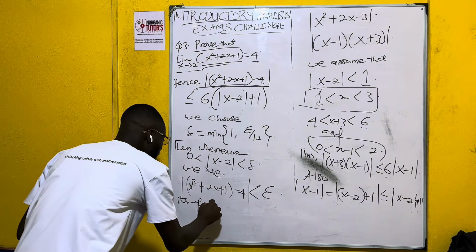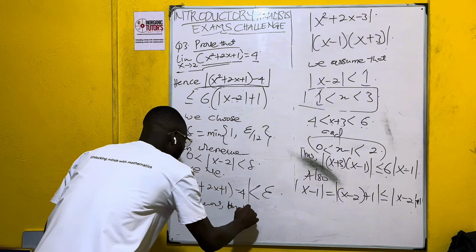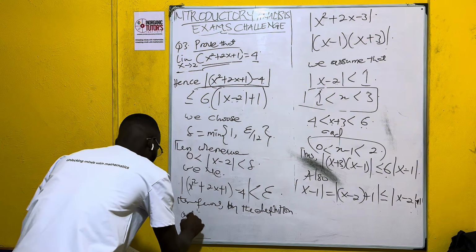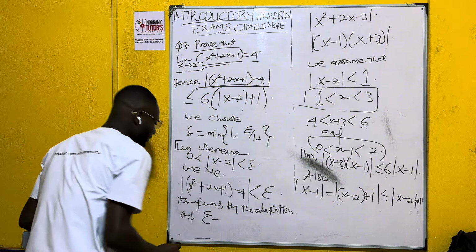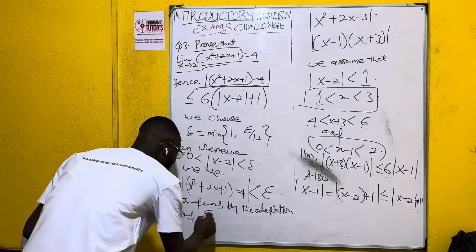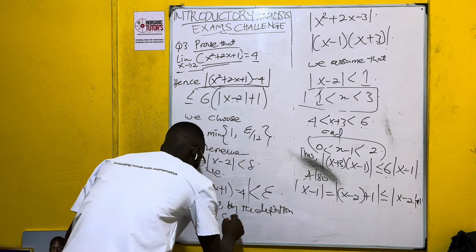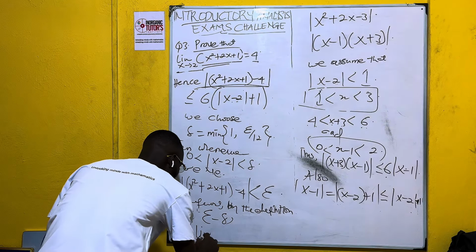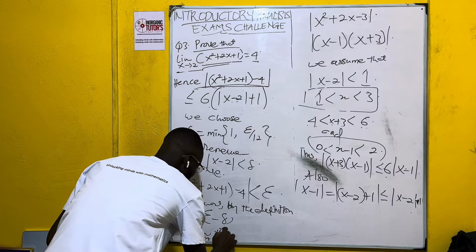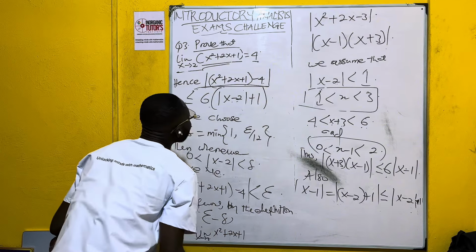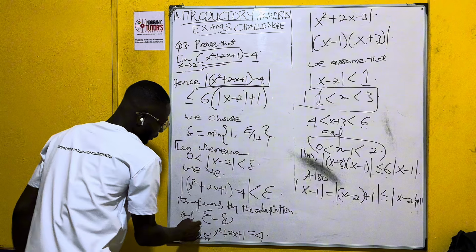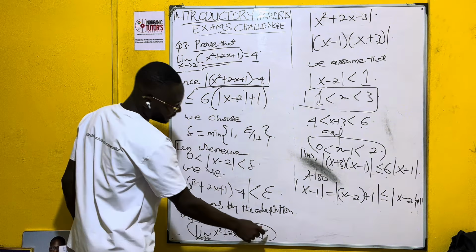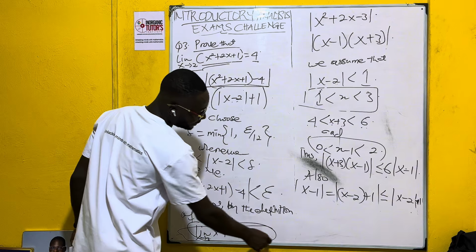Therefore, by the definition of limits, or by the definition of epsilon delta, we say that the limit as x approaches 2 of x squared plus 2x plus 1 is equal to 4. So this should be your conclusion. This is the end of the problem.